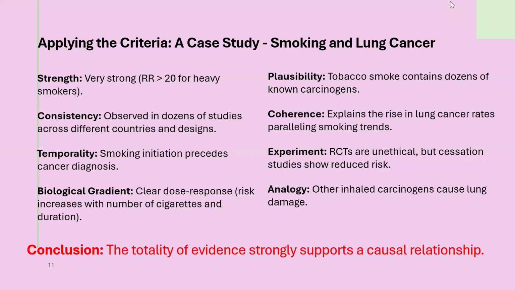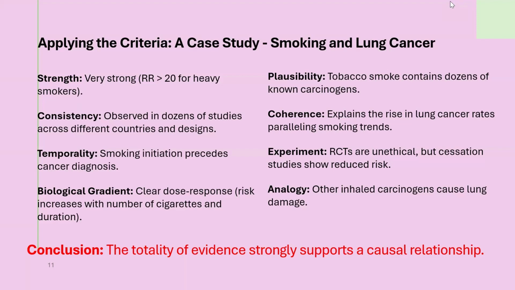Okay, analogy. Other inhaled carcinogens can also cause lung cancer. So this is analogous to smoking causing lung cancer. So we can see that in conclusion, the totality of the evidence available to us using all of these criteria strongly supports a causal relationship between smoking and lung cancer.